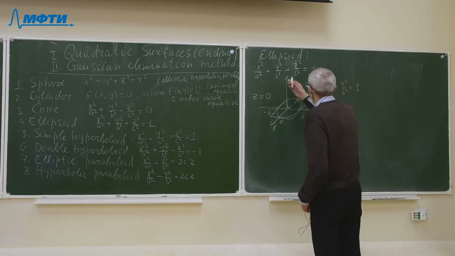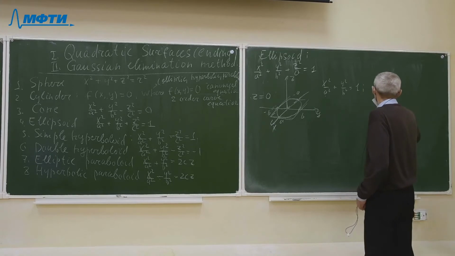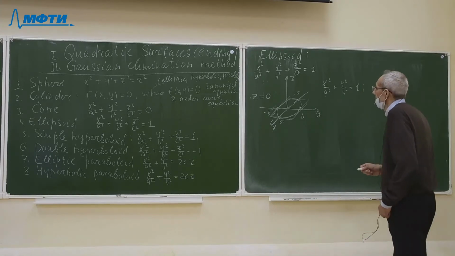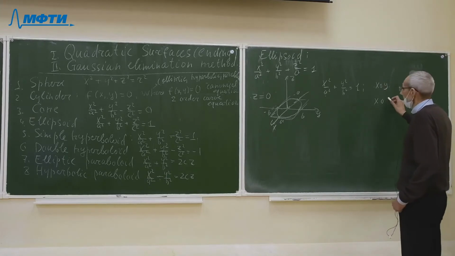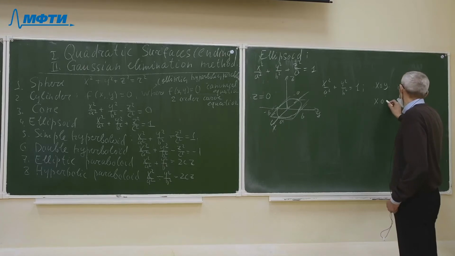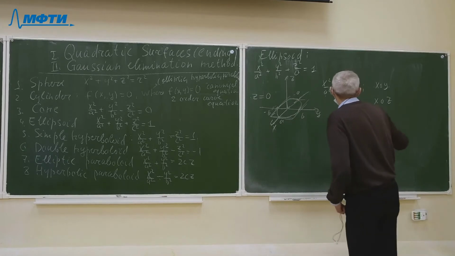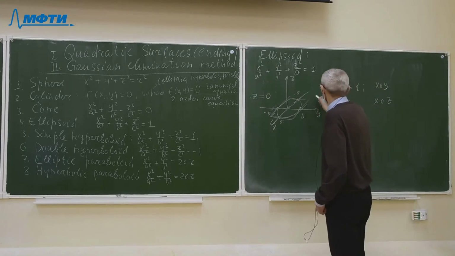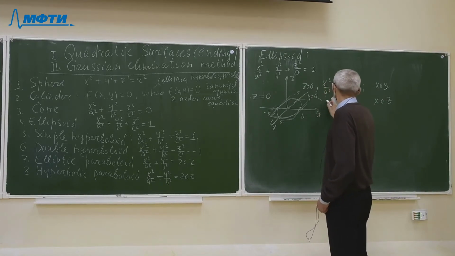The same way, if we consider the trace by the other coordinate plane x o z, in this case we obtain the section y is equal to 0.